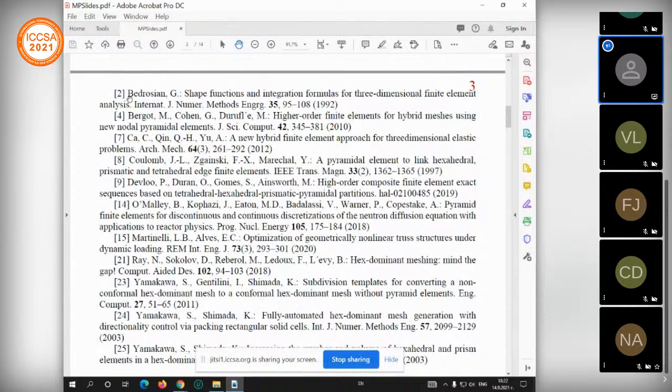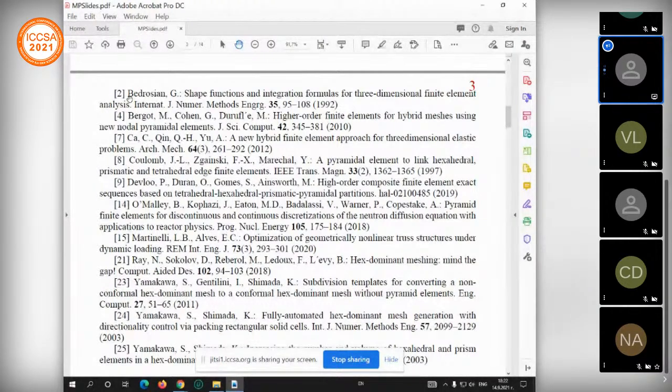24, and 25. The applications of the pyramidal elements for constructing hybrid meshes have been described in references 4, 7, 8, and 9. Mathematical models based on composite hybrid meshes have been developed in 14 and 15.